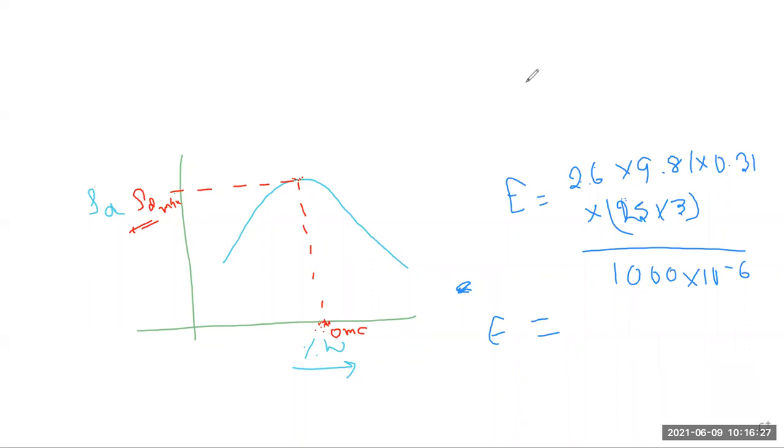The value is 59.3 into 10 to the power 4.